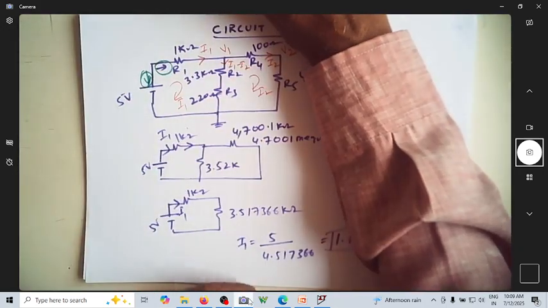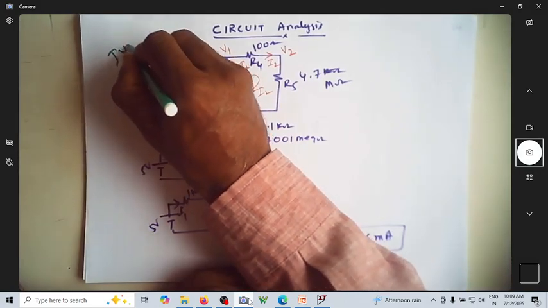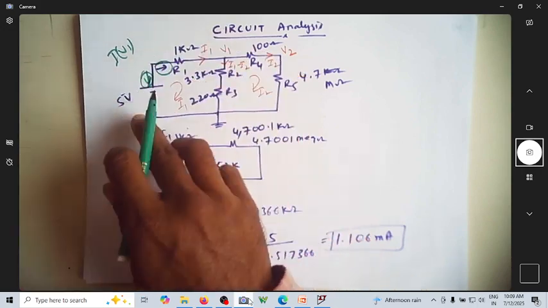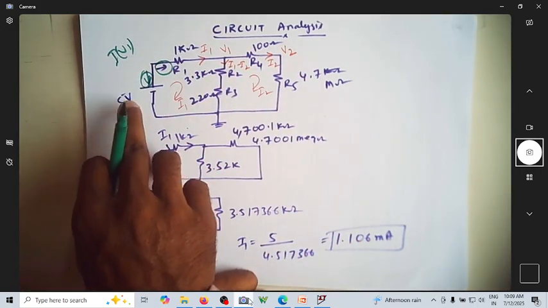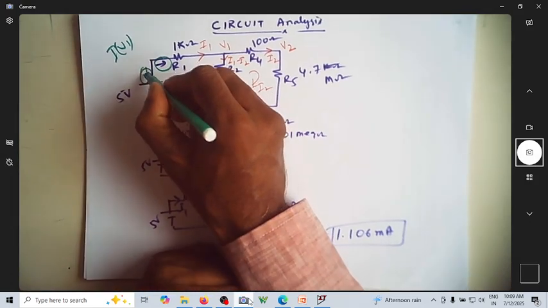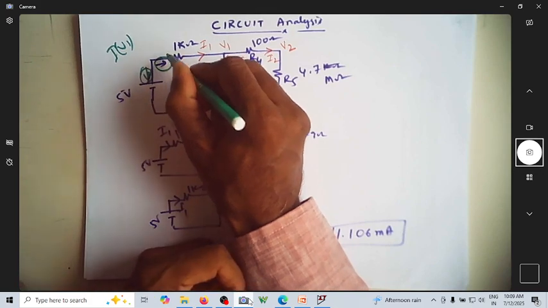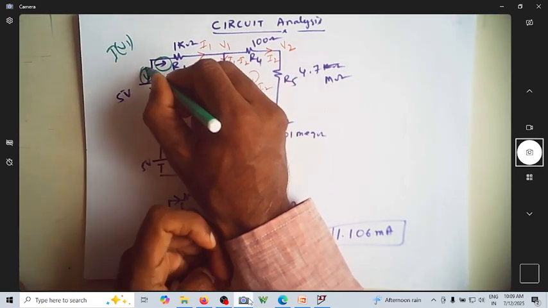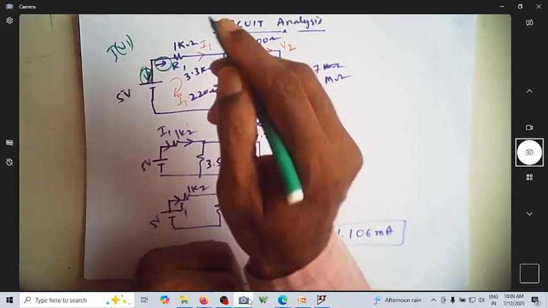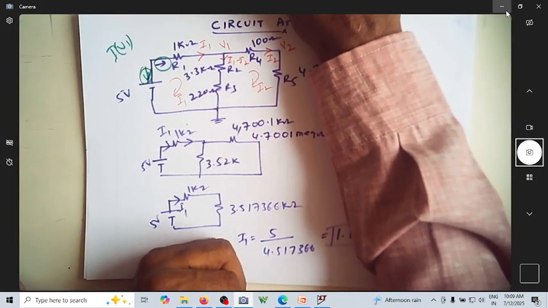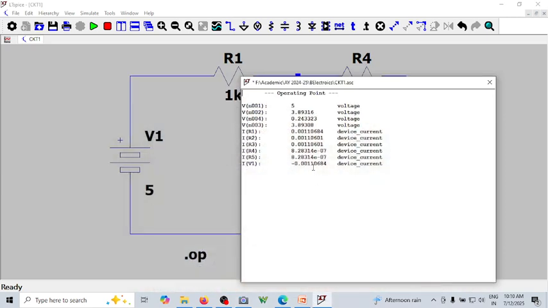If you carefully notice, I of V1 is nothing but the current entering the positive terminal of the supply. So that's why that current is negative. Actually the current is not going in this direction, the current is actually going out of the source. So this magnitude is the same as the magnitude of I1 except the sign. Can you see this? I of V1 is exactly the same as I of R1 except for the sign change.